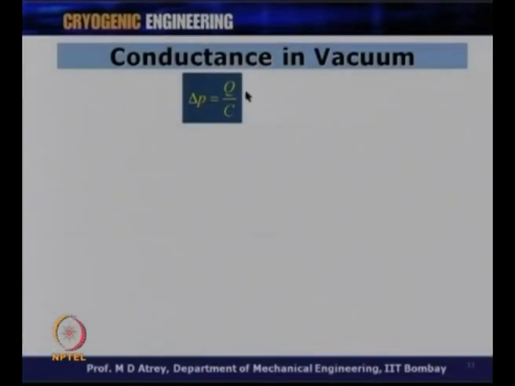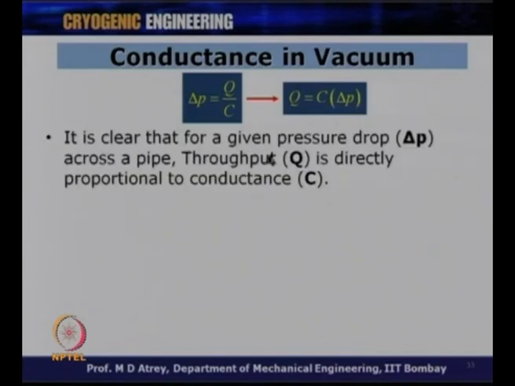Conductance is related to delta P by the equation delta P is equal to Q by C, and therefore I can say Q is equal to C into delta P. It is clear that for a given pressure drop delta P across a pipe, throughput Q is directly proportional to conductance C. So, if C increases, Q increases.